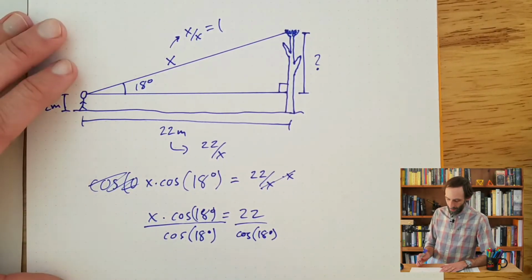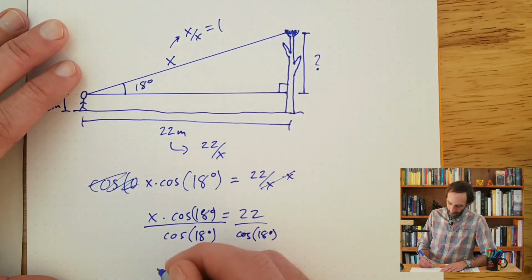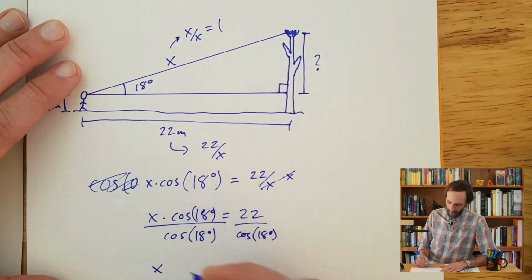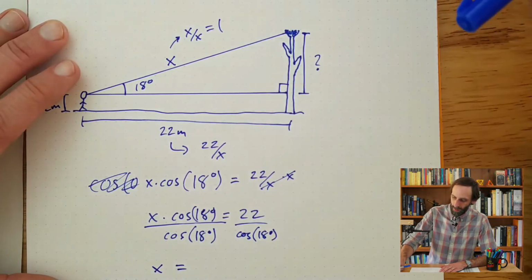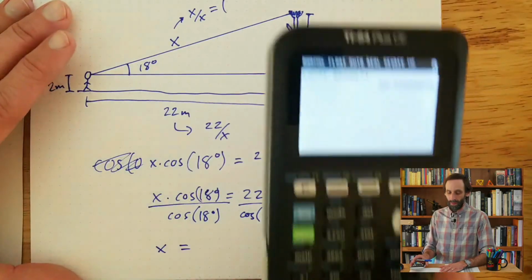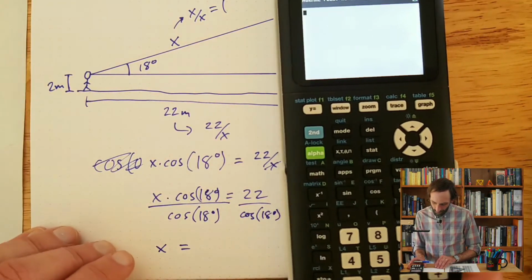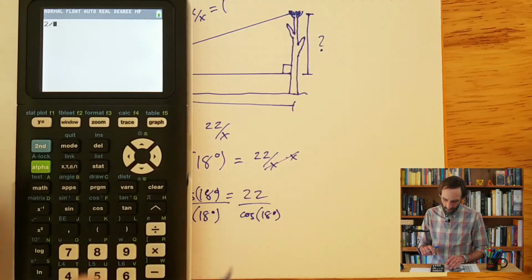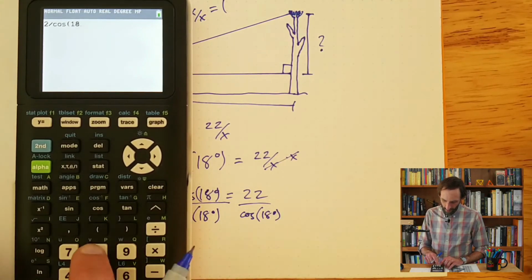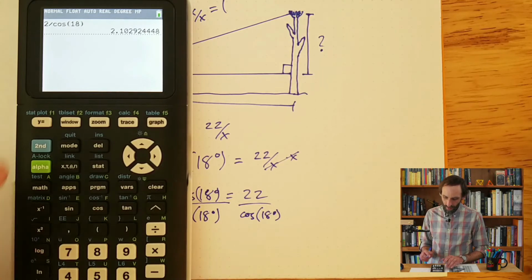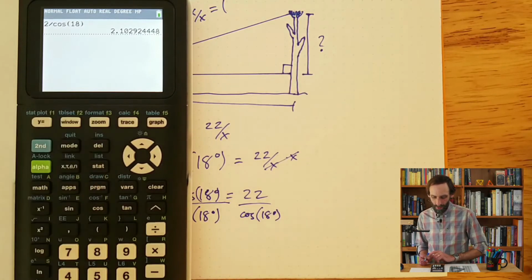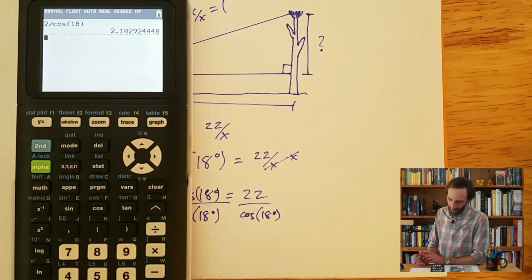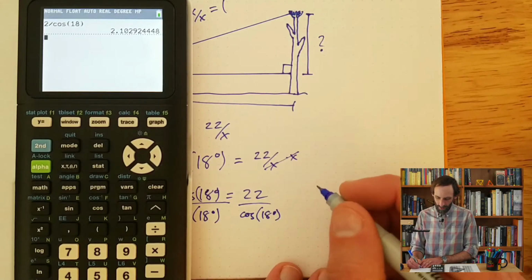But if we follow through with this approach that I have here, I'm going to see that x is equal to, let's go ahead and plug in a calculator, 22 divided by cosine of 18 degrees. And I get 2.1 if I round to the nearest tenth.